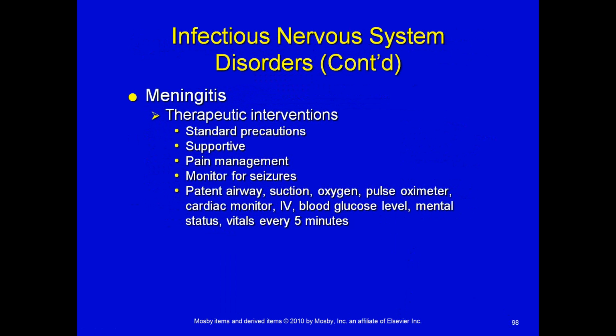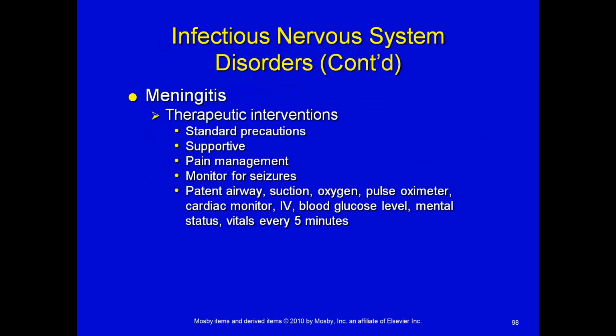Standard precautions, as I had mentioned, very important that you practice your use of your personal protective equipment. Supportive care, management of pain if they're having severe headaches, antipyretics if they've got a high temp. Monitor them and be ready to treat for seizures with benzodiazepines should they start to seize.